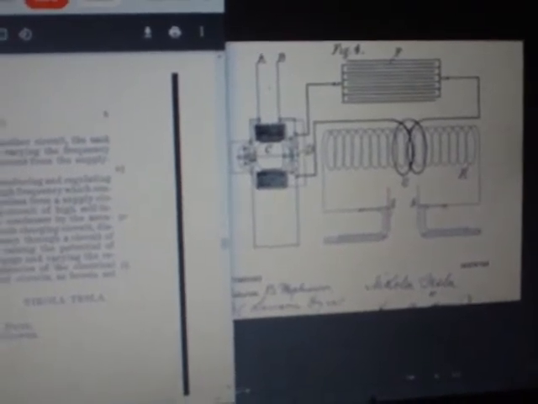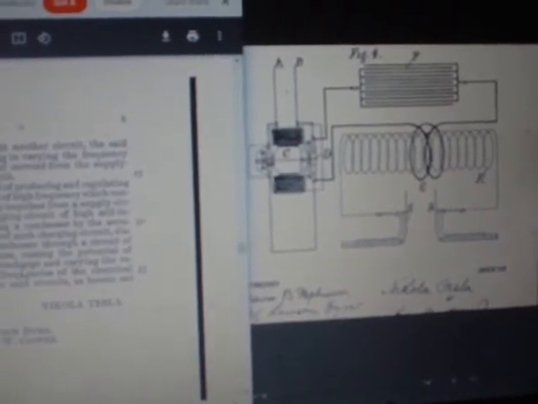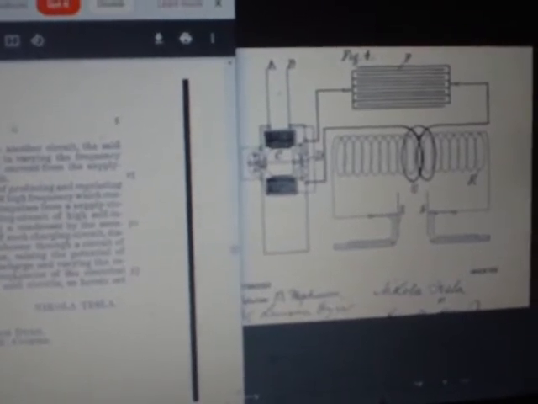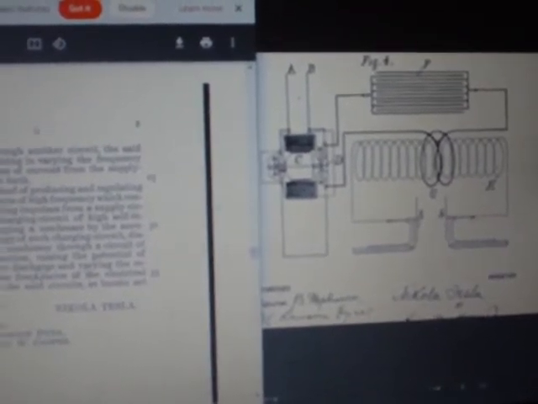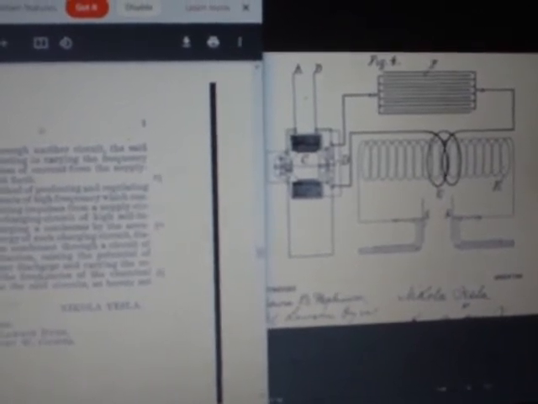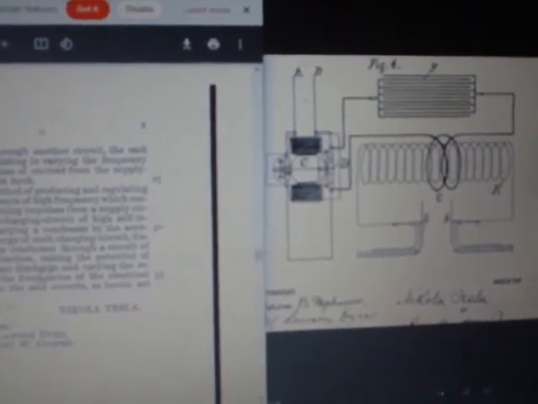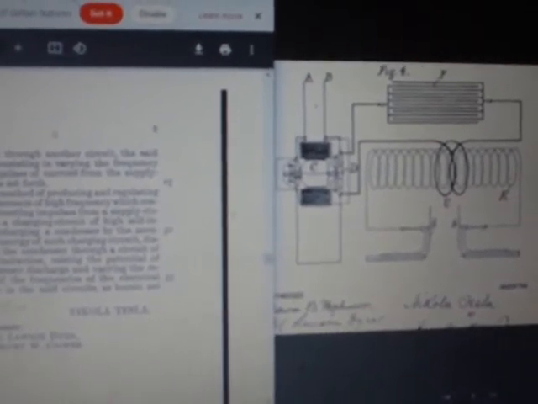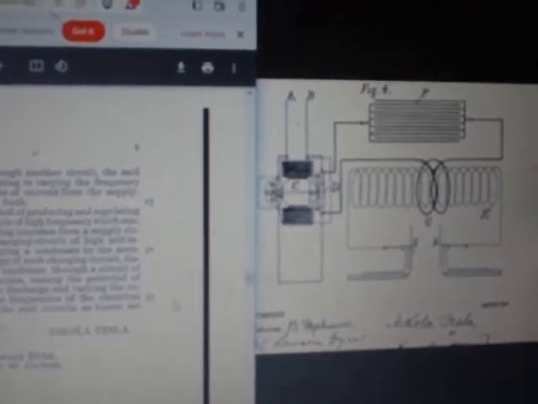The method of producing and regulating electric currents of high frequency which consists in directing impulses from a supply circuit into a charging circuit of high self-induction, charging a condenser by the accumulated energy of such charging circuit, discharging the condenser through a circuit of low self-induction, raising the potential of the condenser discharge and varying the relations of the frequencies of the electrical impulses in said circuit as herein set forth.